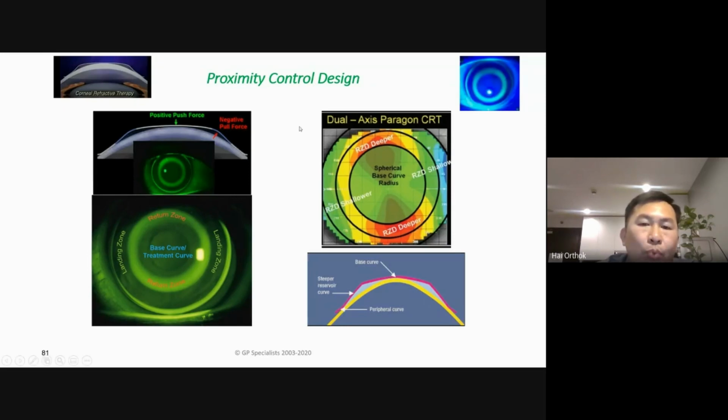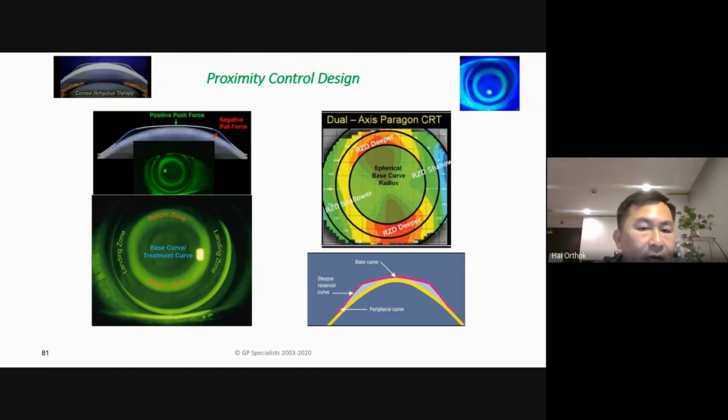Then it can open the landing zone angle in order to provide more tear, or reduce the tear to have the centration. Secondly, the design has a very big optic zone and a very large return zone depth, which also helps to provide a very good tear under the lens.